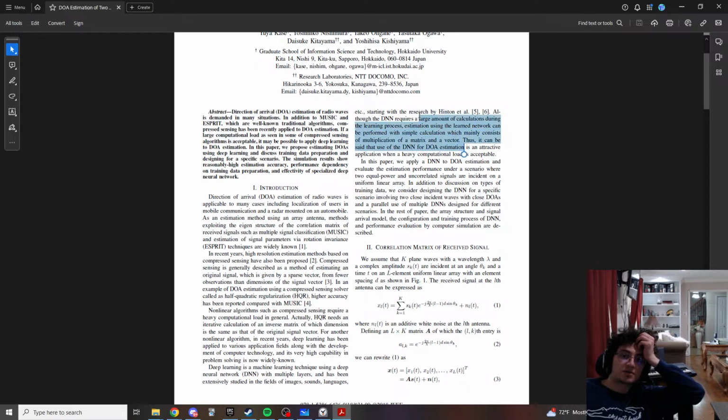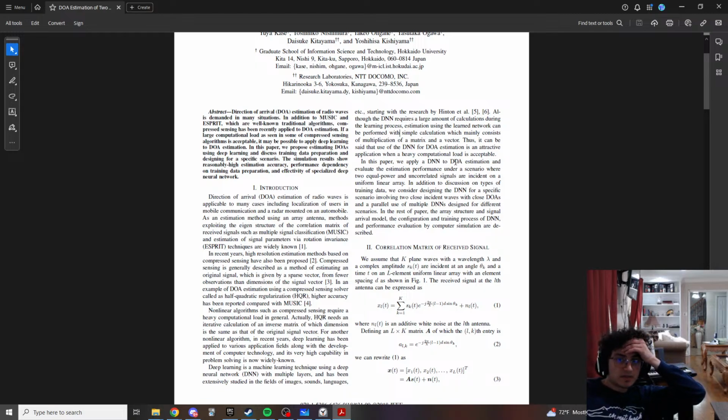So what they're saying is training a deep neural network is a large amount of calculations, but after it's trained, getting your estimate afterwards is very simple, very easy. Thus it can be said that use of a deep neural network for direction of arrival estimation is an attractive application when a heavy computational load is acceptable.